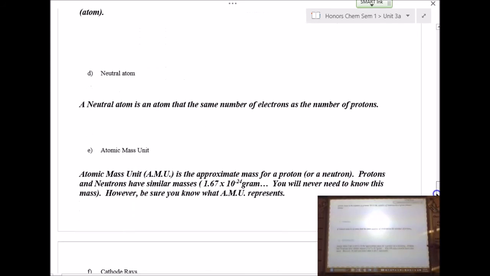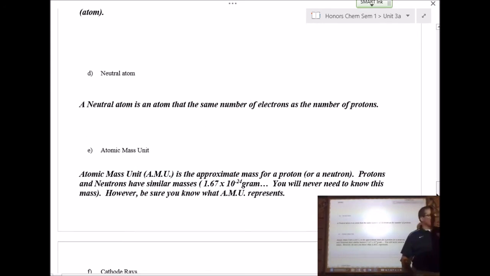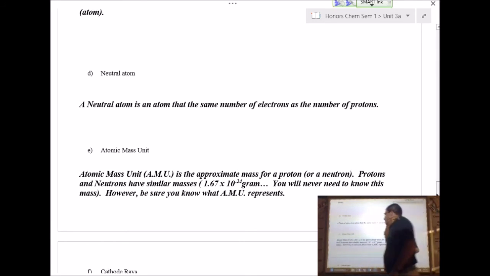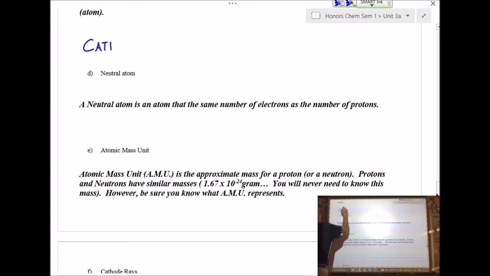Neutral atom is where you have the same number of electrons as protons. I didn't put it up here, but what's a cation? And some people are still calling it a cation. But what is a cation? What is a cation? Yeah. Ion.